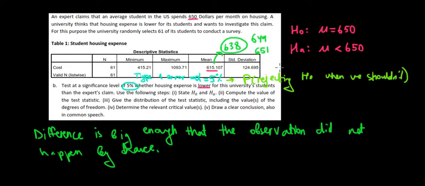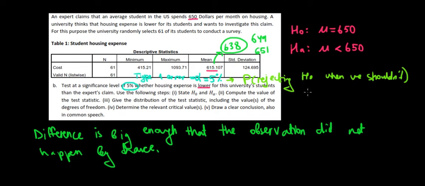Now, what does that mean? It means that there's a 5% probability that our conclusion is wrong. We see an observation and we say that, yeah, it's significantly lower than 650, while in reality, that happened by chance. We shouldn't have said that it is a significant difference. So alpha is the probability of seeing a result by chance and therefore giving a wrong conclusion.